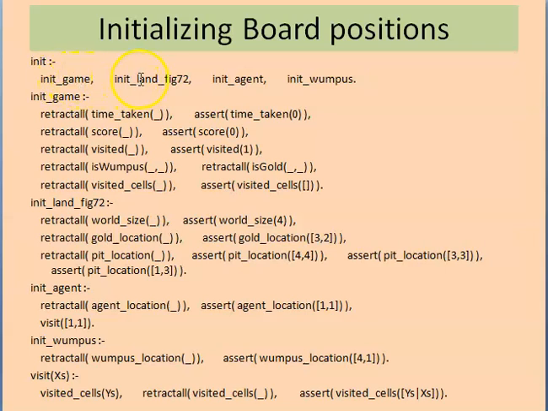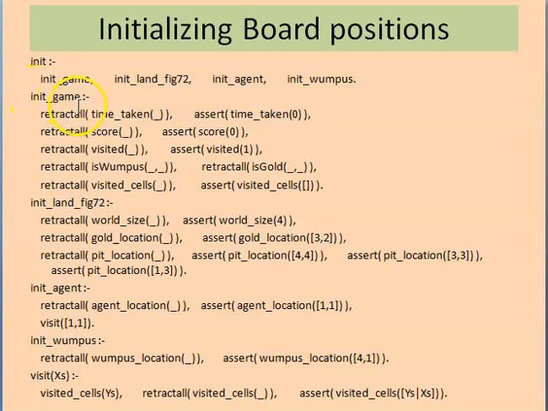Then various land configurations, where the pit will be found, where the gold is, where the Wumpus is located, are set in the land configurations. Then the agent's location will be updated, and then the Wumpus location will be updated using init Wumpus. So here you can see the declarations.